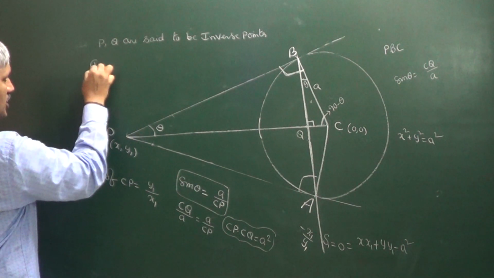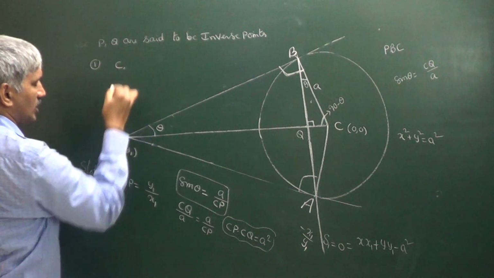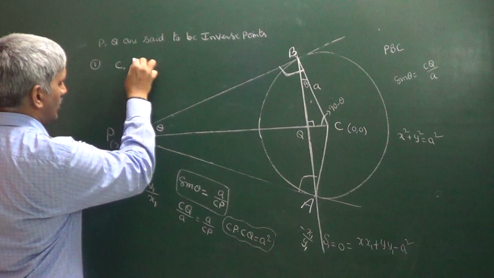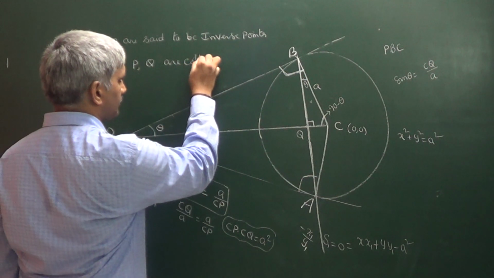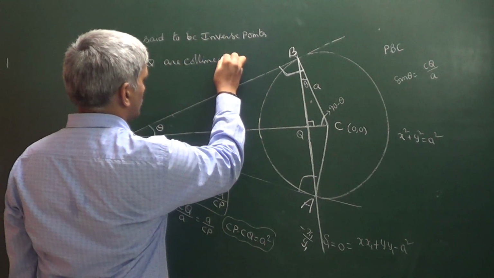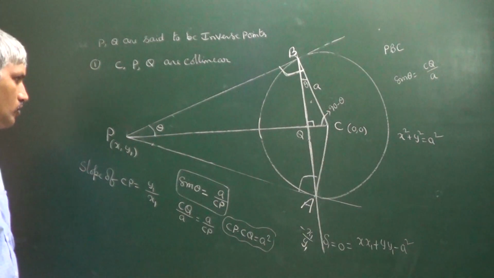The first condition is C comma P comma Q are collinear, where C is the center of the circle.